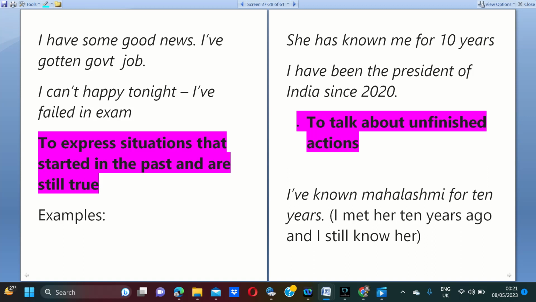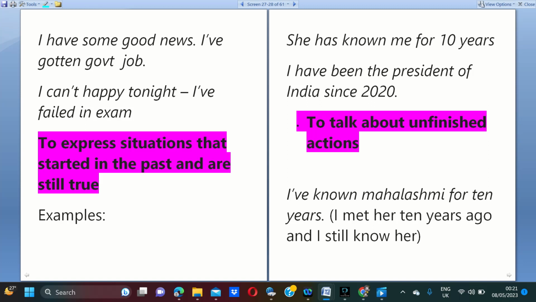Next, to talk about unfinished actions. I have known Mahalakshmi for 10 years. I met her 10 years ago and still I know her. This is what the meaning of unfinished is. I have read half of the novel. This is also an unfinished action. It is not completed.